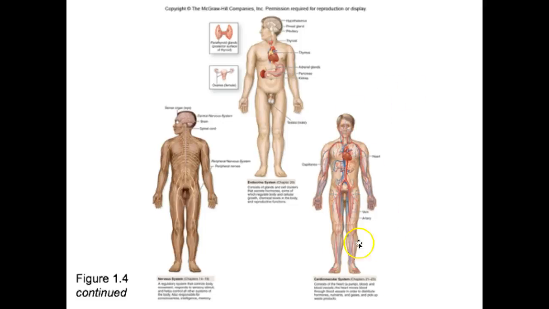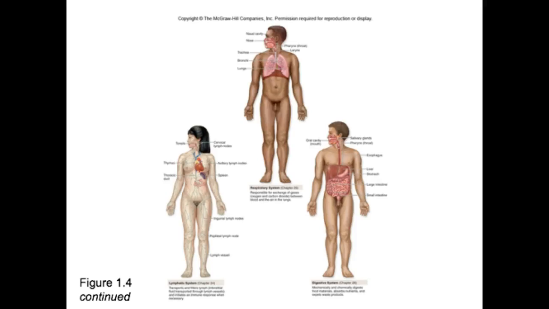Cardiovascular system, transport of nutrients, oxygenation, deoxygenation, things like that. Very important system as it turns out. The lymphatic system is going to be involved in immunity. It's going to be, let's see, filtration system, immunity, drainage, draining excess fluid from the space between cells.